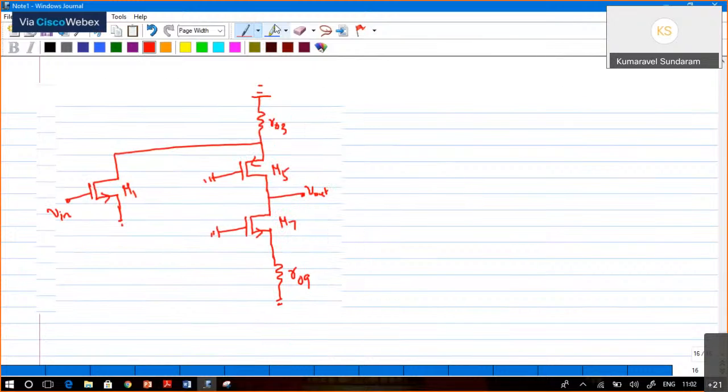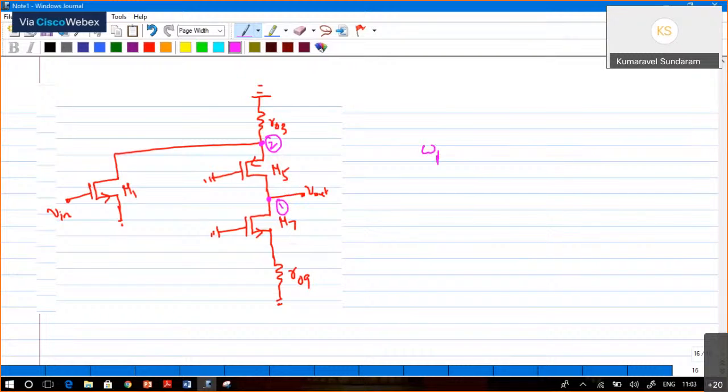So how many nodes are there in this circuit? Here there is one node, here there is one node. Right? So let's name this the output node. This is the cascode node. So we need to find out the pole frequency.